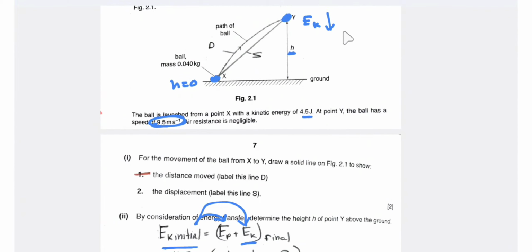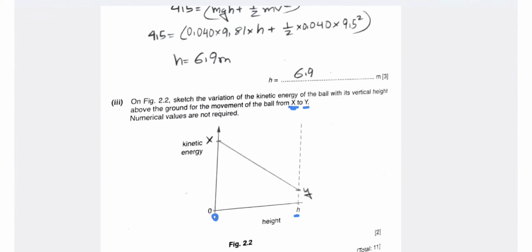So the value of kinetic energy would be less. Let's suppose the kinetic energy at y may be at this point, or this point, any point that is less than at x. We have just drawn a random point, that is the kinetic energy at point y at height h. Then we need to draw a straight line for this graph.